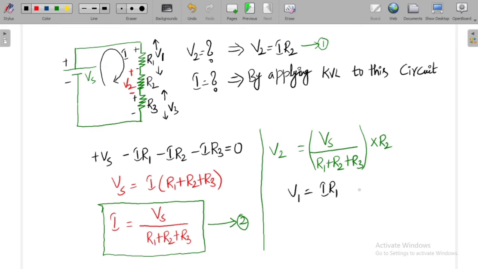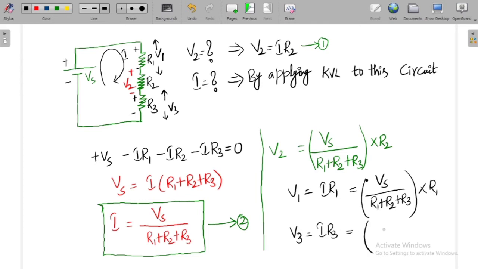What is the voltage across R1? According to Ohm's law, it is I times R1, and we have already determined I. So I can be replaced with Vs by R1 plus R2 plus R3 into R1, and V3. I am just writing the equations of the voltage across R1, R2 and R3.